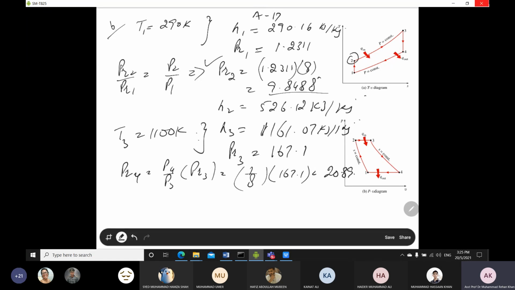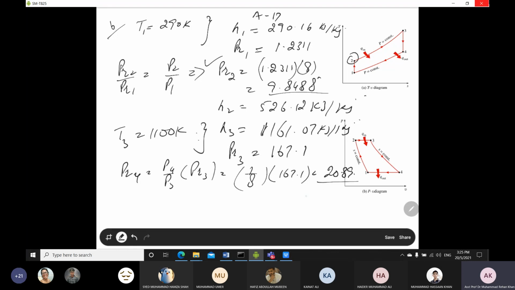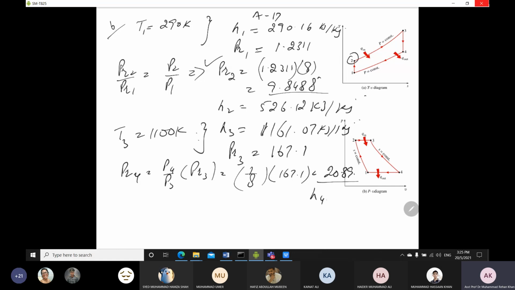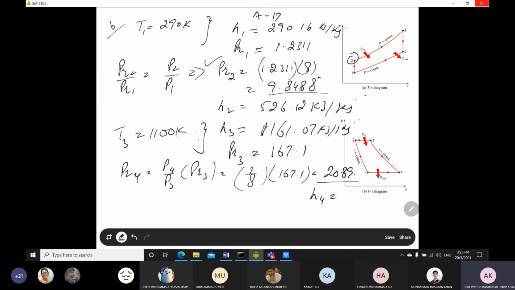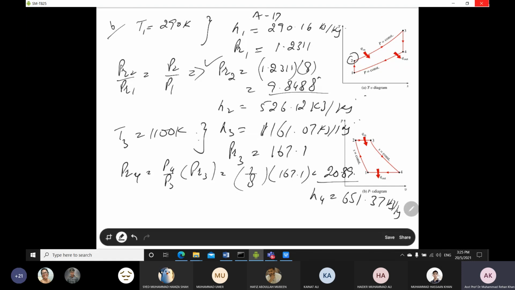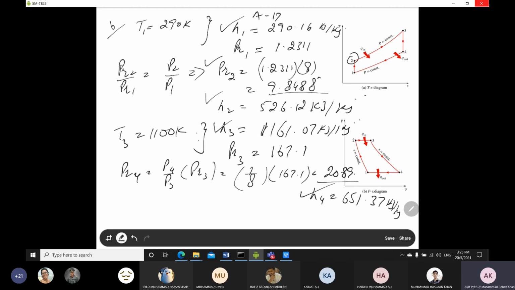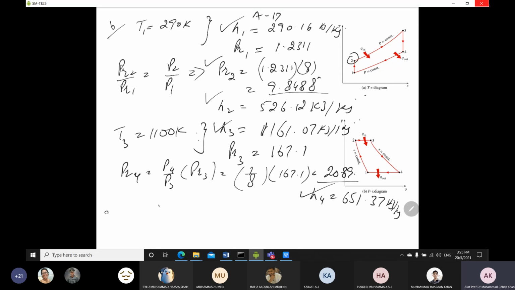From here we go to the thermodynamic table and, by using this PR4 value and applying interpolation, we find the value of H4, which is equal to 651.37 kilojoule per kg. So we have all the enthalpy values with us: H1, H2, H3, and H4 are known. We can simply use these values to find the thermal efficiency.